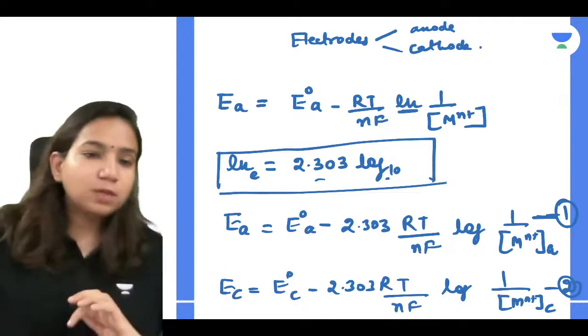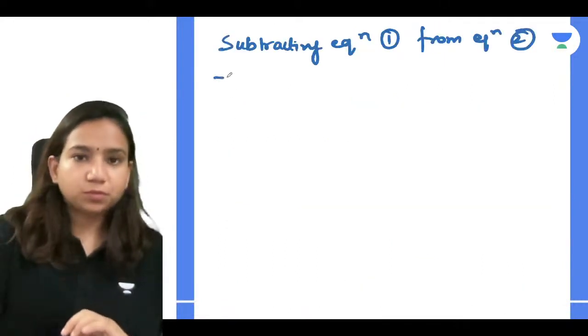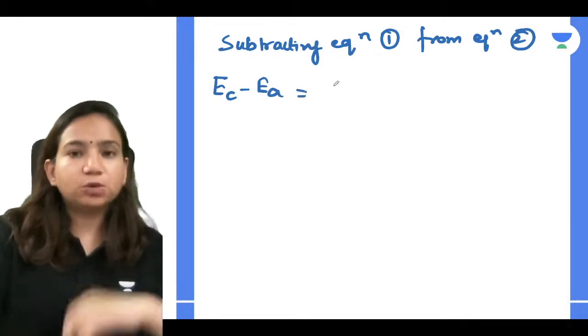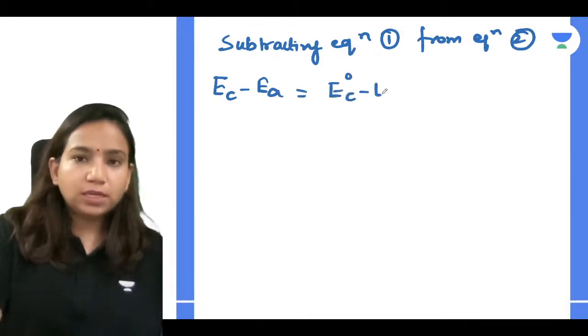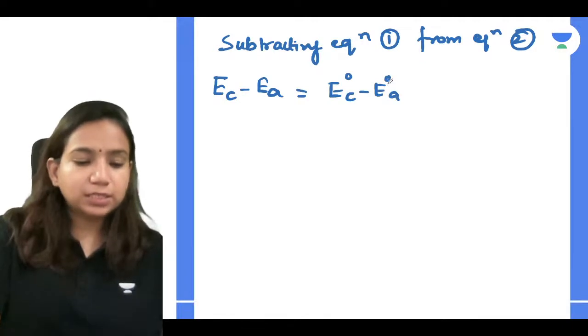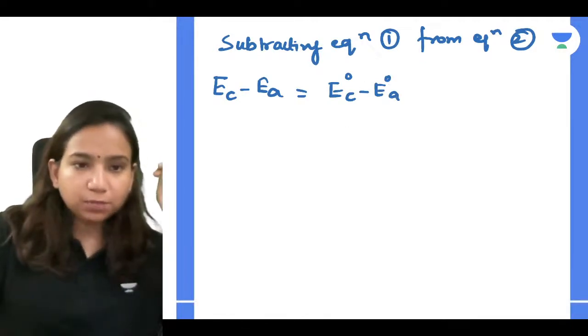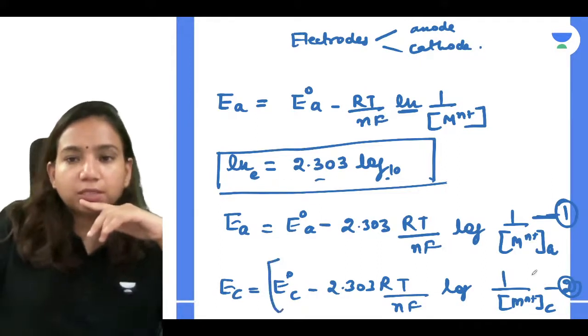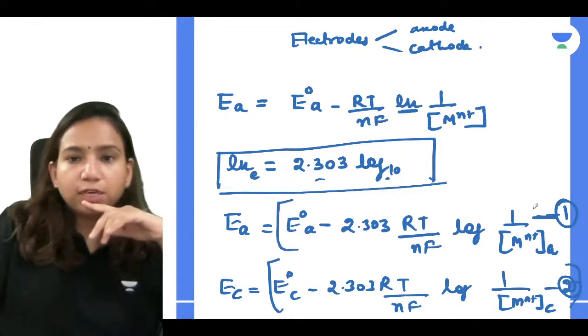So I'll be subtracting E cathode minus E anode. What will it become, guys? It will become E naught cathode minus E naught anode. Can I write like this? If I subtract, I will write the full thing here, this and then this.